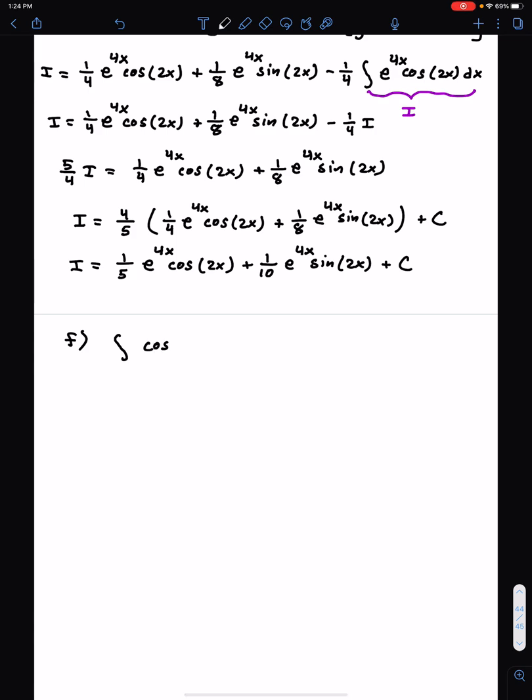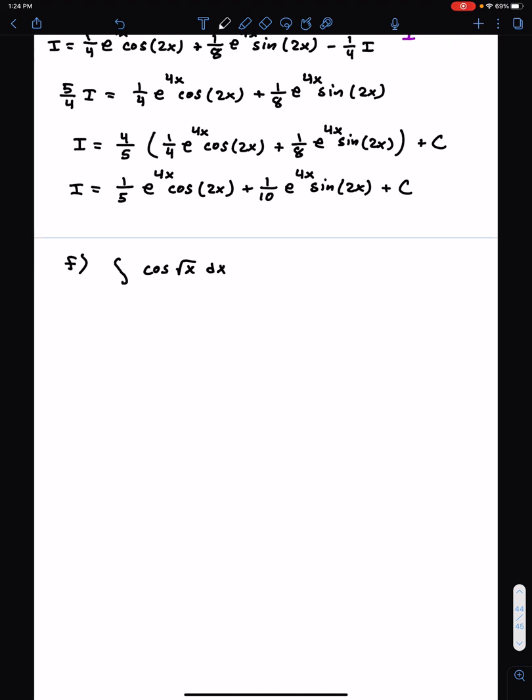Integrate cosine of root x dx. So first I'm going to do a substitution. Let u equal root x.